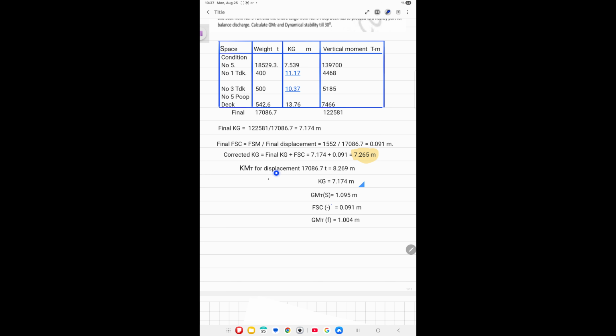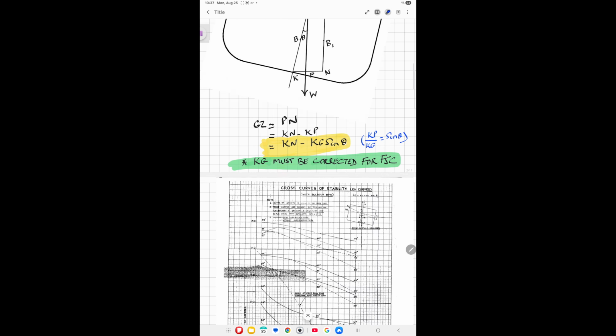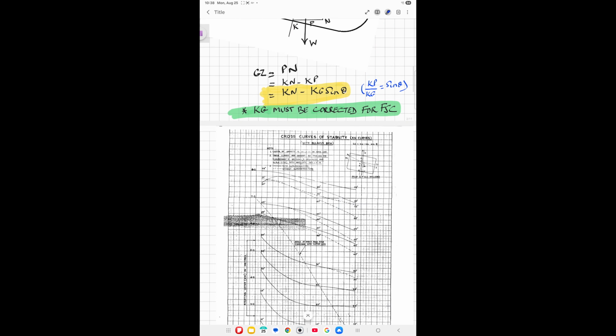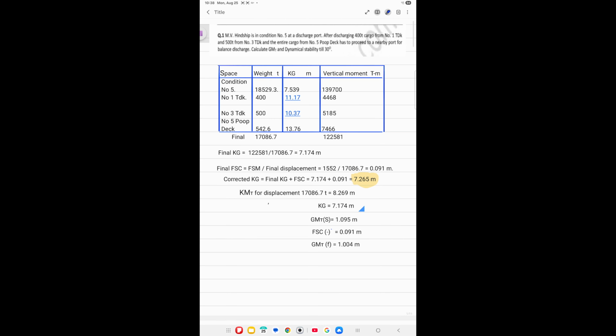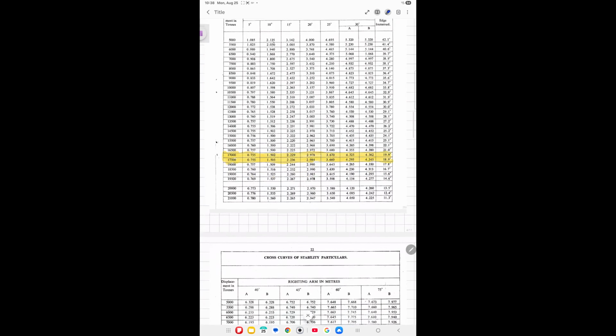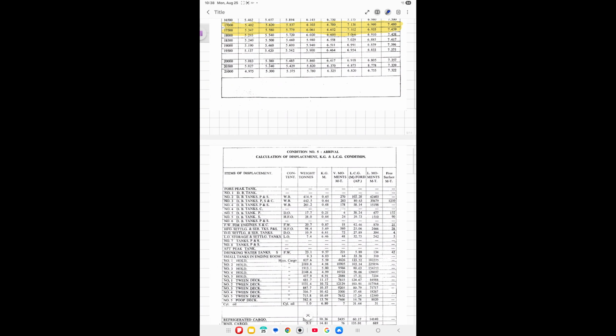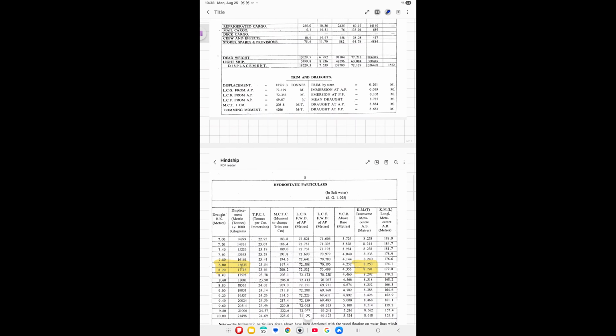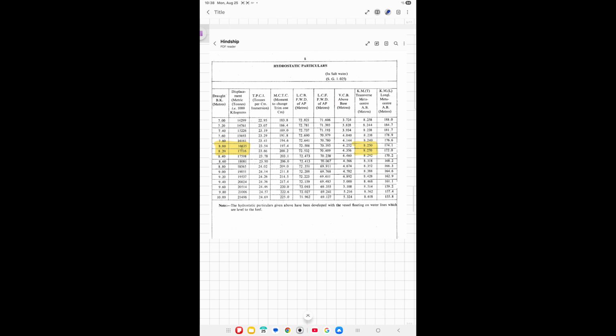Now I have to enter tables again to find transverse KM for my displacement 17086.7 tons. So for transverse KM we need to enter these tables here. This is the extract from the hydrostatic tables.